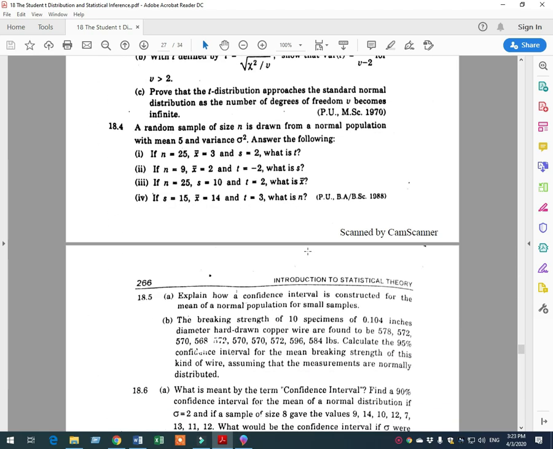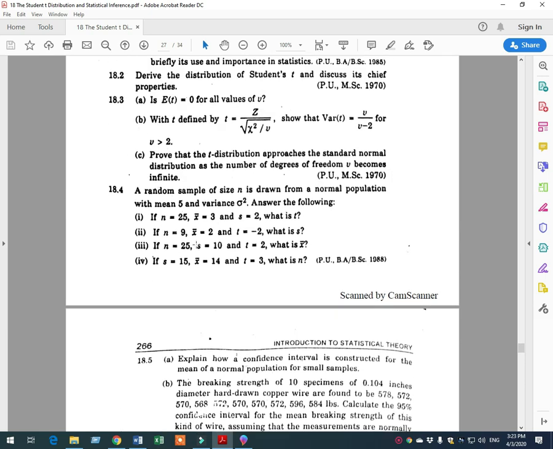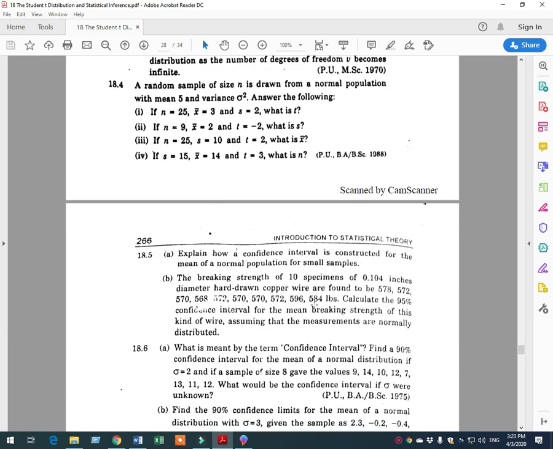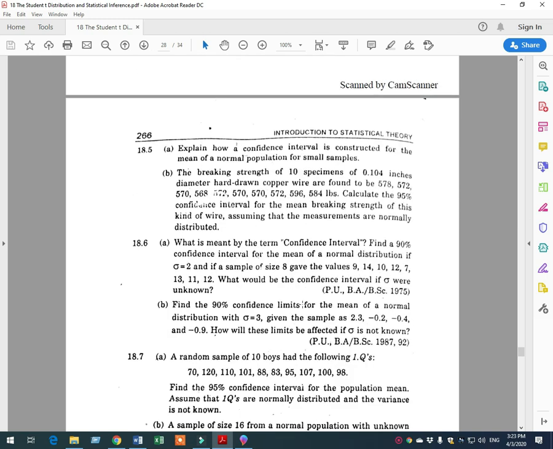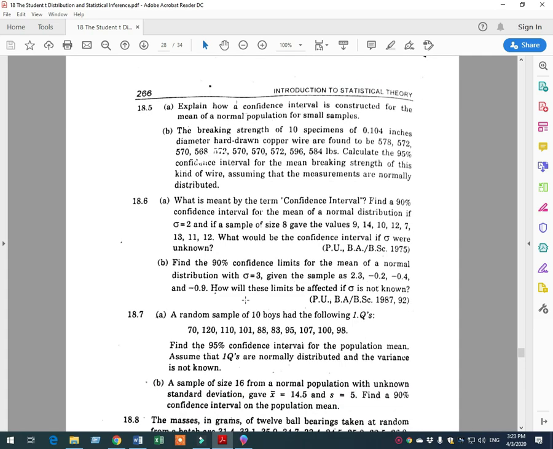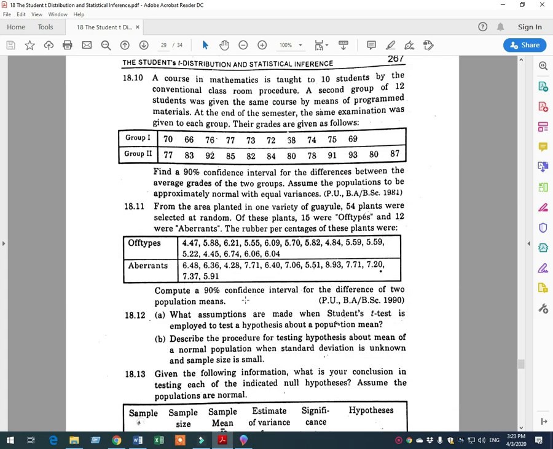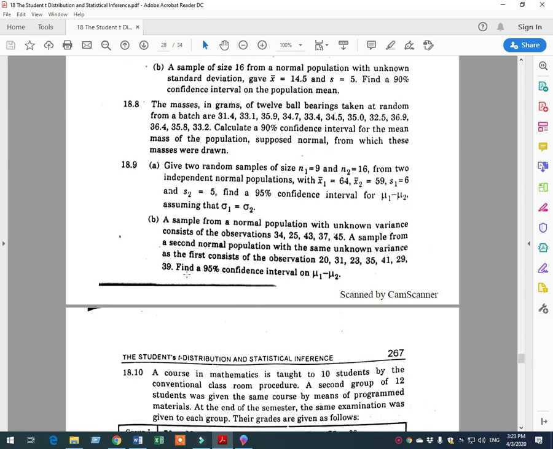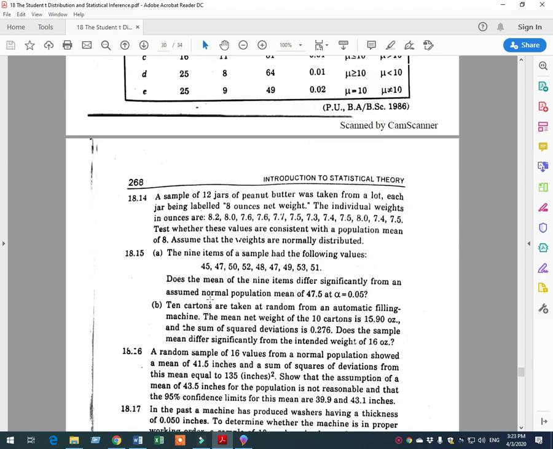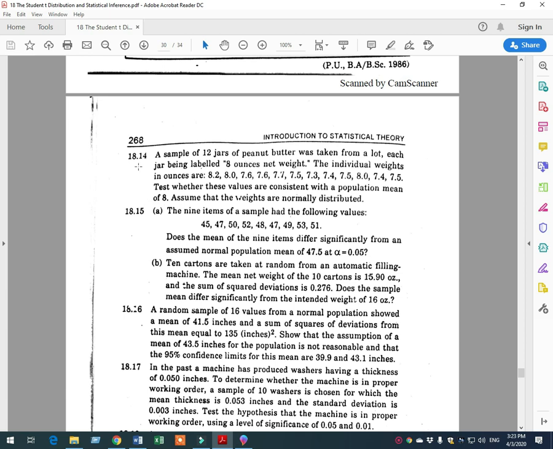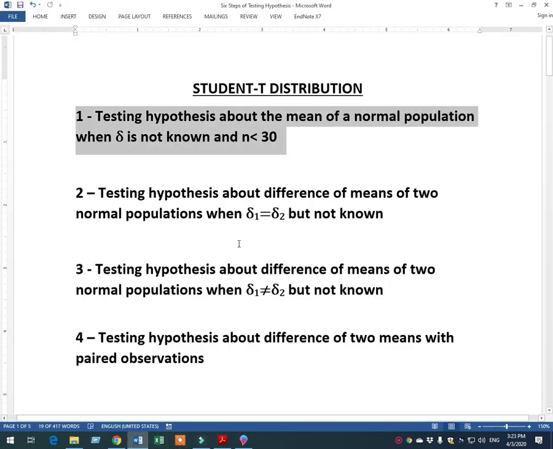In the exercises I would not be indulging in any kind of proofs and such things, because we are just practicing hypothesis testing. So hypothesis testing basically starts from question number 18.14. From 18.14 I'll be practicing these questions, and how we can test the hypothesis about the mean and the differences of means.